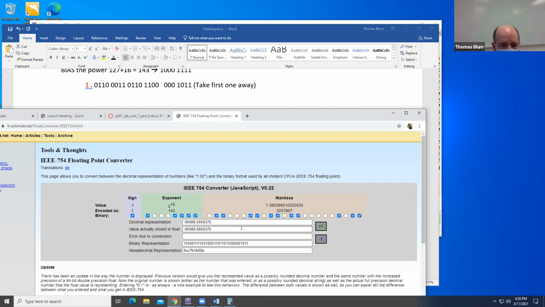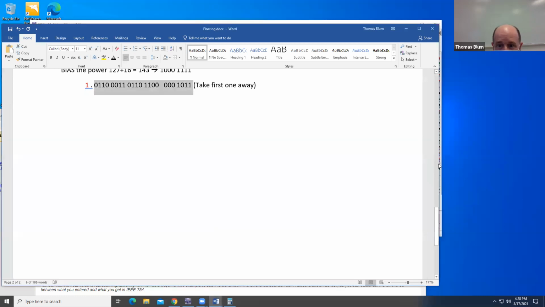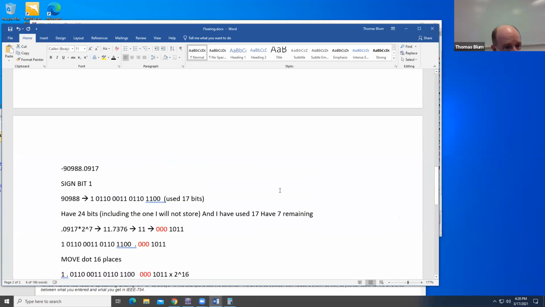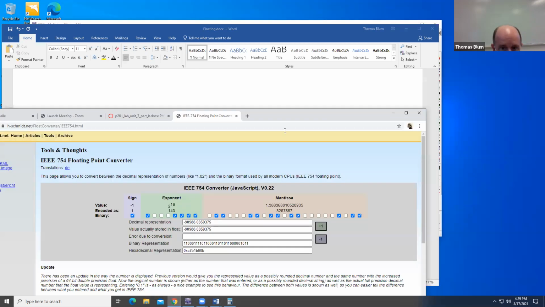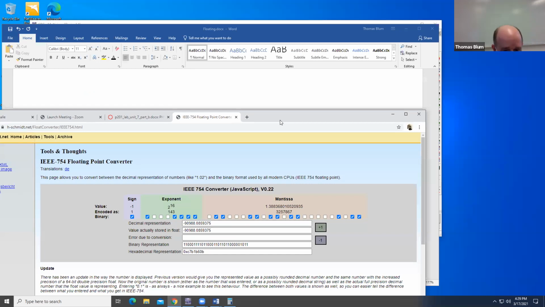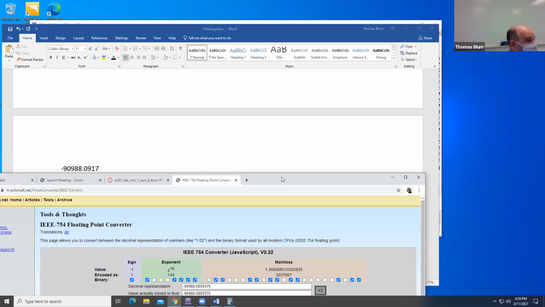Okay. So I have minus 90988.085. So I'm not getting quite my number, but that makes sense. I can't represent these fractions exactly. There's always going to be some rounding in this game.